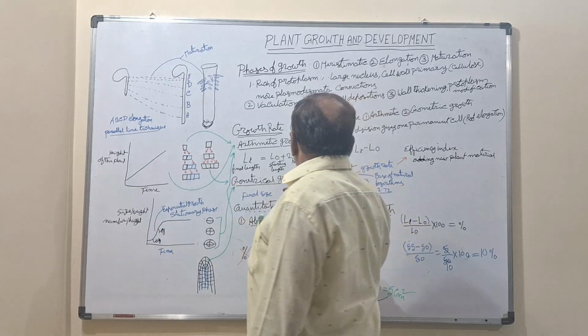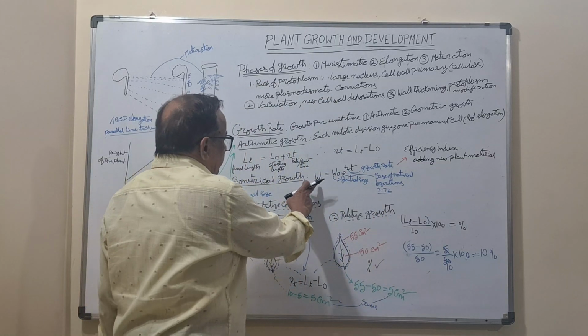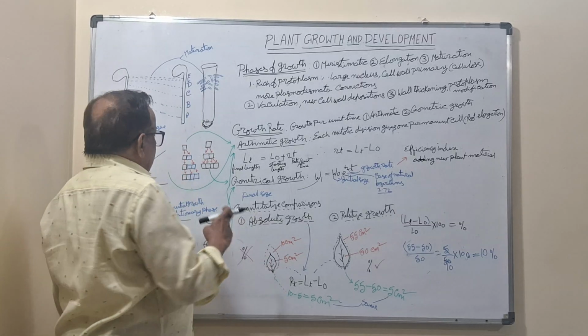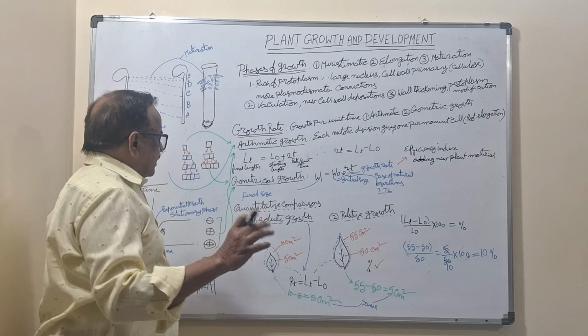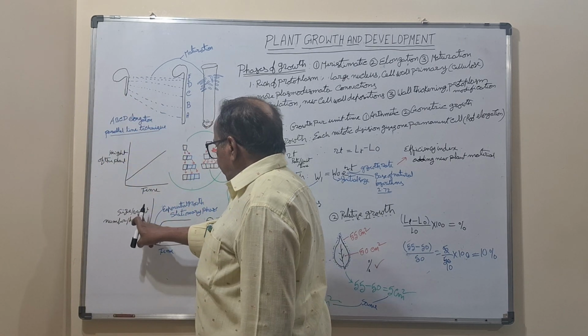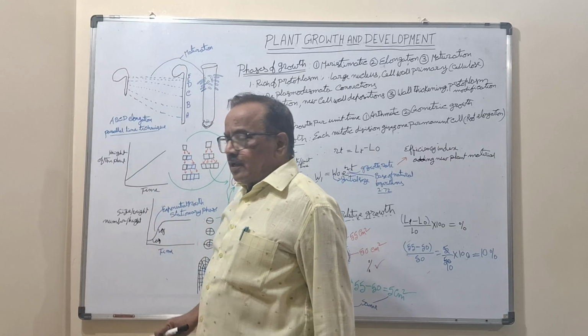And it is shown in one formula, that is W1, that is the final size. It means it is always dividing, so the size is increasing. How is it increasing? It may be in size, weight, number, or height. So many ways to show it.